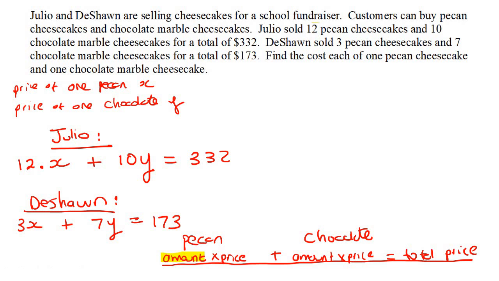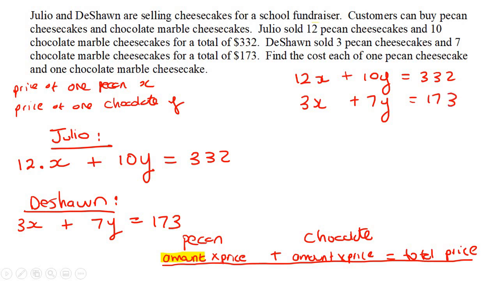Okay, so I'm going to take these 2 equations that we've just made and put them underneath each other. You can solve this however you like, substitution or elimination. I'm going to use elimination because what I notice is that I could easily turn this one into a 12. The way I would do that is I would take this entire equation and multiply all of it by 4.